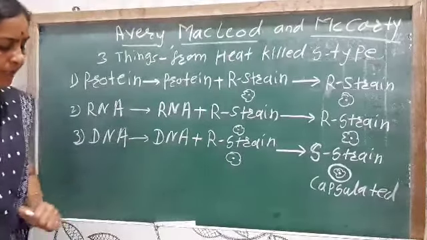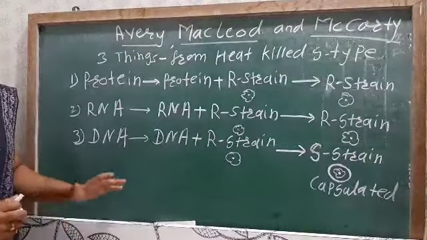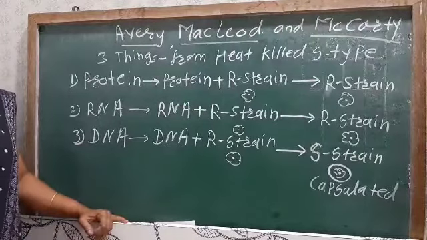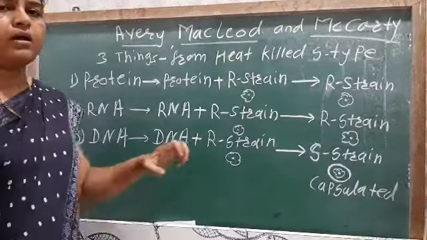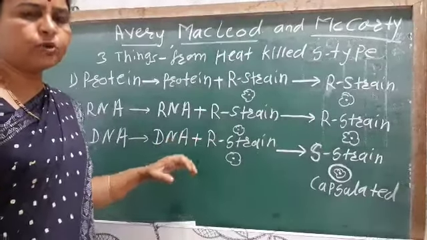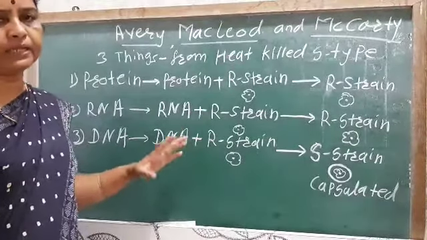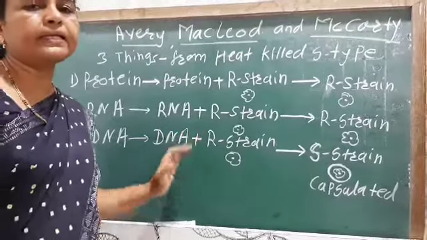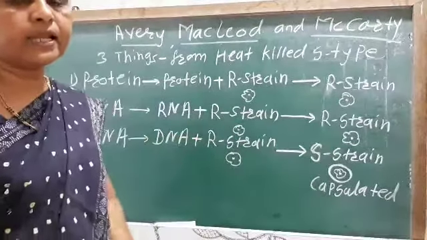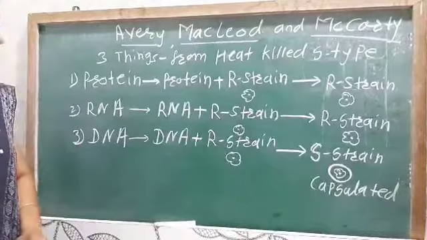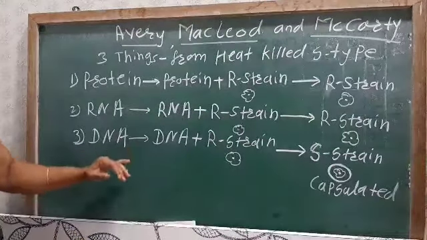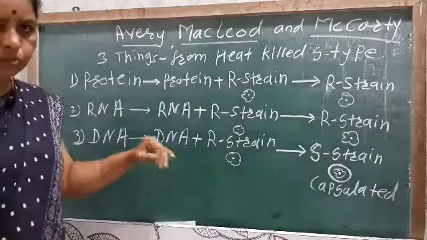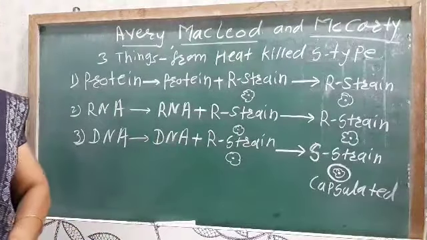So what is meant by transformation? Transformation means the transfer of genetic material from one bacteria to another bacteria. So here the transformation takes place by the substance, that is the DNA. DNA is the transforming principle.